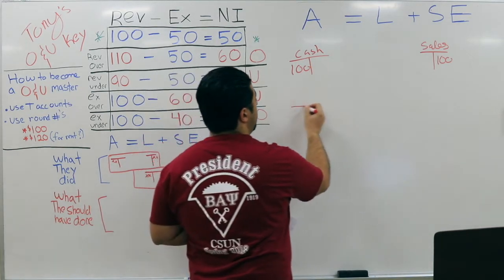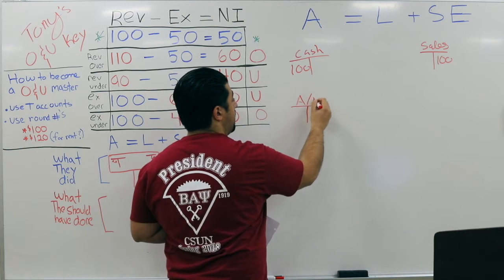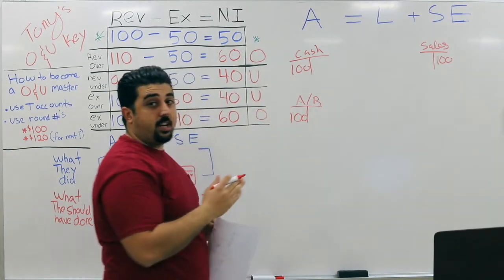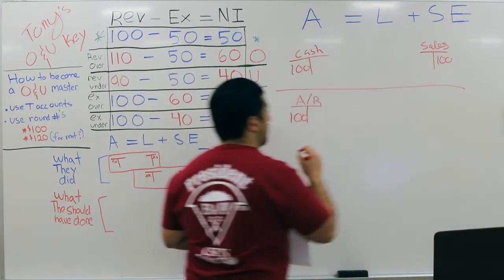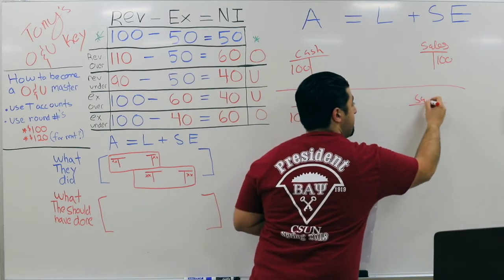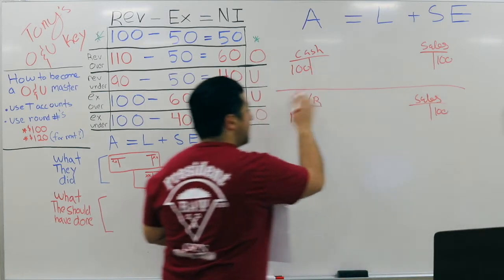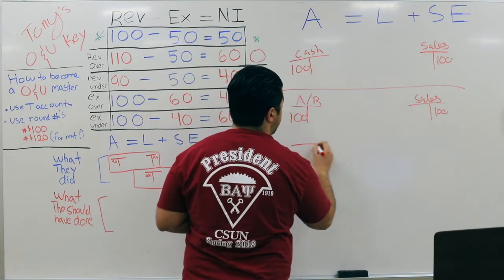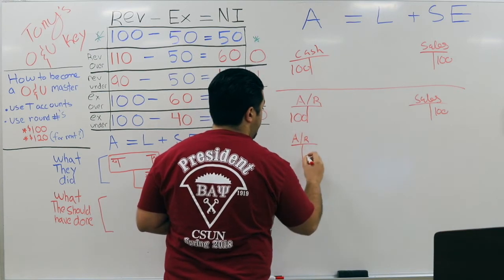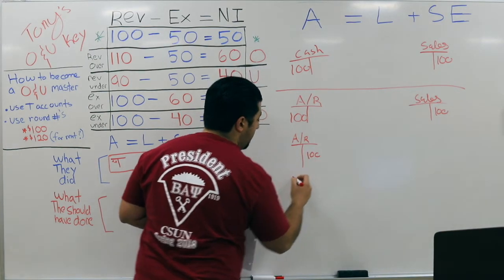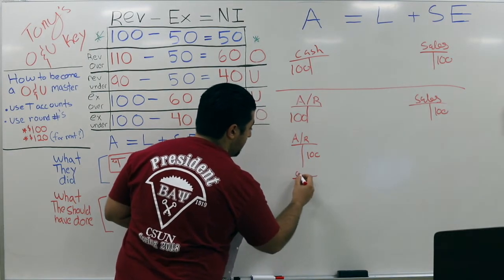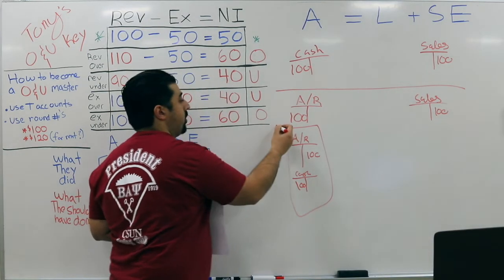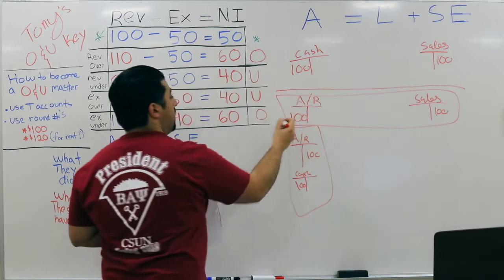So this is what they should have done. And then once they receive the cash, then they reduce the accounts receivable. So when they receive it, accounts receivable 100, and then cash 100. So this is one part, and this is the second part.